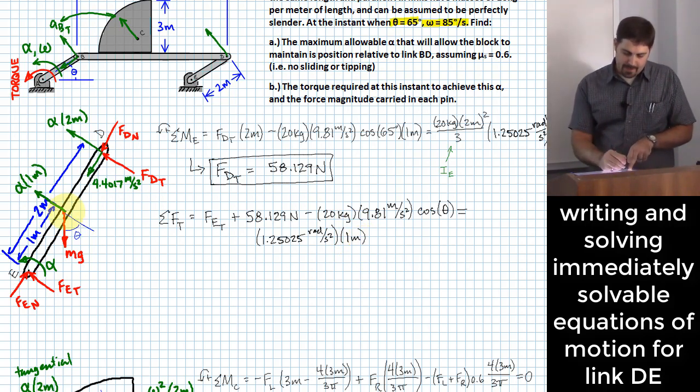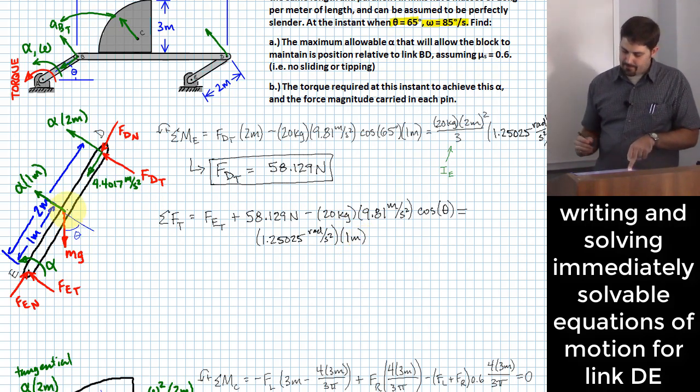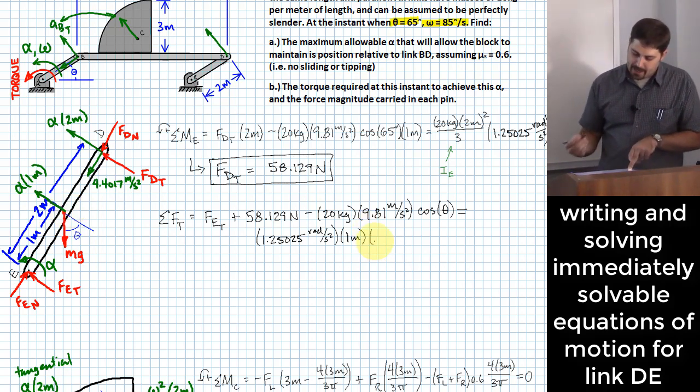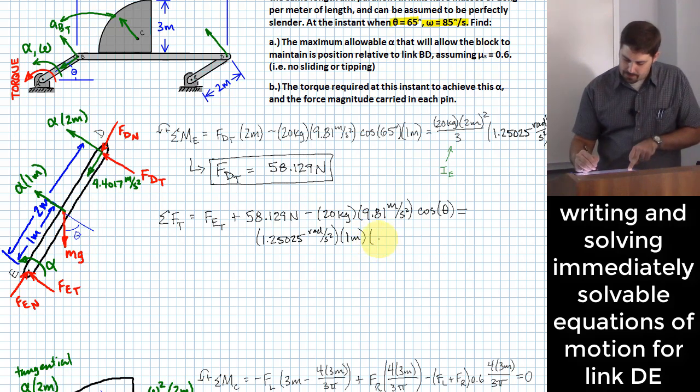And that gets multiplied by what? Mass times acceleration, right? So you need to multiply it by mass, and I need to use the mass of this part. So that's going to be 20 kilograms.